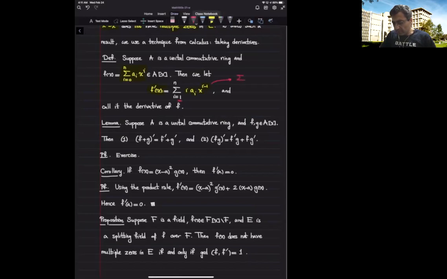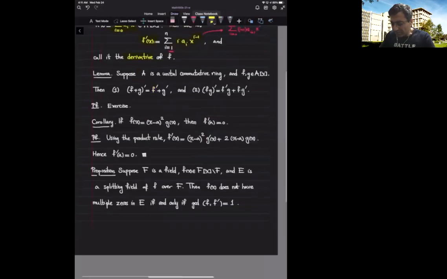So sometimes we write it like this: i goes from 0 to infinity, and then I have (i plus 1) a sub i plus 1, x to the power i. Sometimes it is useful to write it this way. Okay, so this is called the derivative of f, and let's see how it can help us.